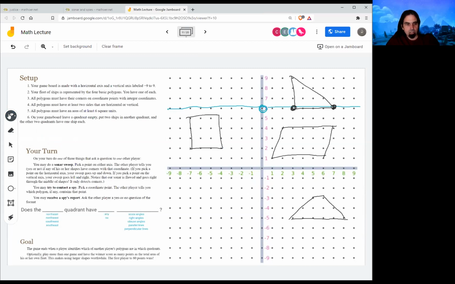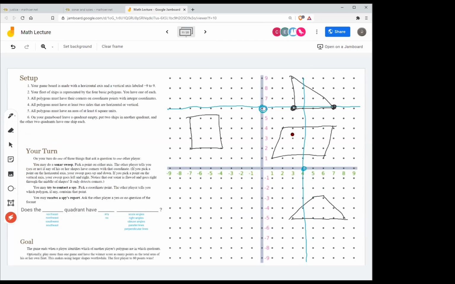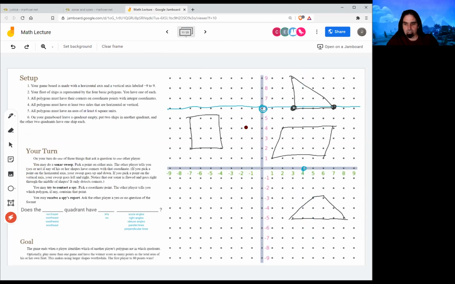If you were to pick, let's do 4 and go up and down from 4, then you happen to go through 3 shapes, but they will say, nope, you didn't hit any corners. Is that okay for sonar sweeps? Yeah. So that's hunting for corners. You go straight up or straight down or sideways.